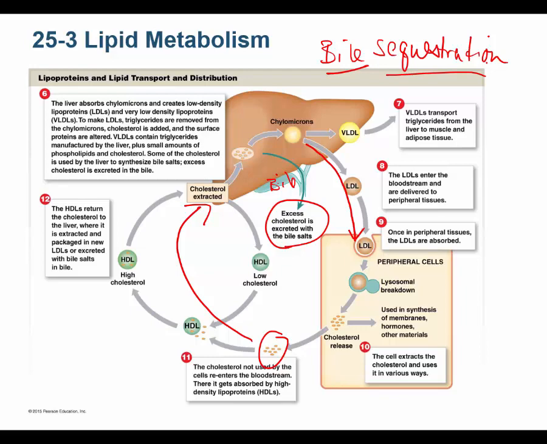But that bile is not functional because I have a drug in my system that's a bile sequestrant. So these bile sequestrants cause me to make a bunch of bile. Well, what's put in bile? Cholesterol. So the more bile I make, the more cholesterol I put into it, the less cholesterol that's in my blood. So some of these drugs are bile sequestrants and they lower my blood cholesterol content.